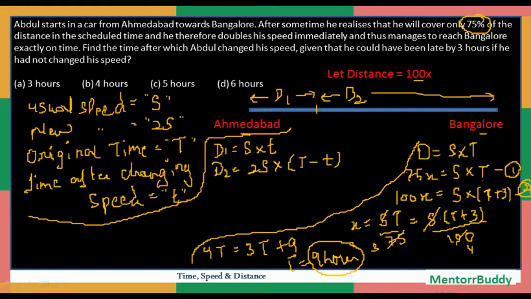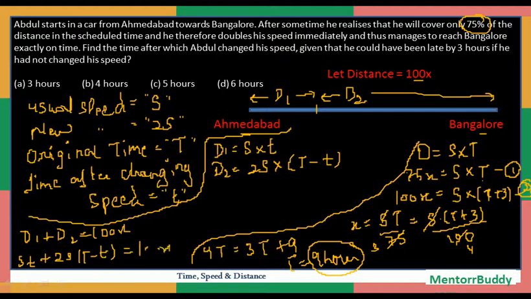This is going to be the second part of the distance, and we know the total distance we had considered to be 100x. So we can say d1 plus d2 is equal to 100x. Now solving this, this will become s into t plus 2s into T minus t is equal to 100x.